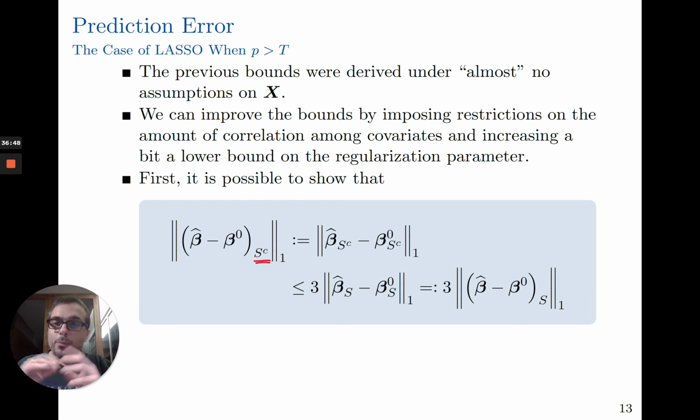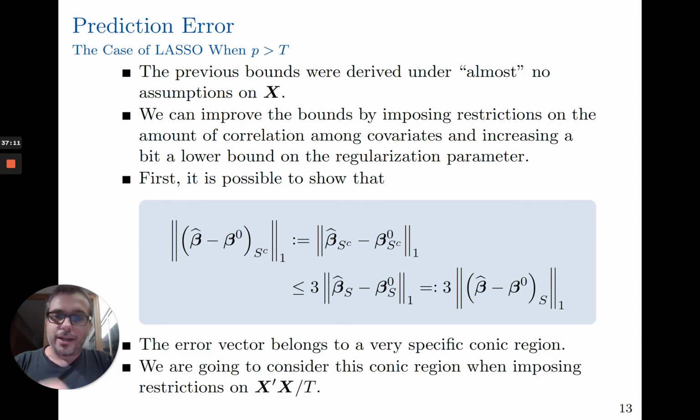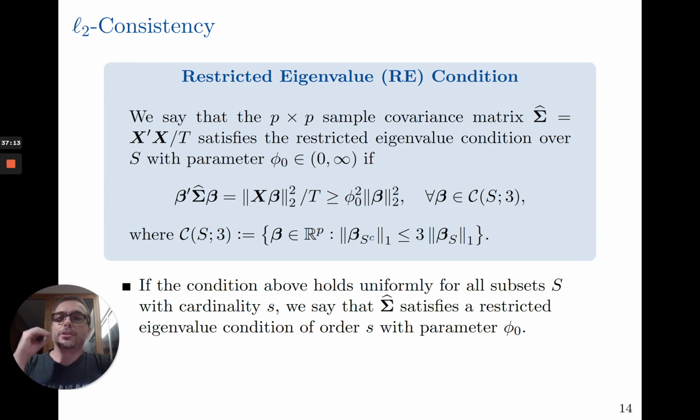in this region. So we want to restrict that when we do a transformation, that we transform the covariance matrix X prime X over T. In these regions, we may have the eigenvalues bounded away from 0. So this translates into a condition that's called the restricted eigenvalue condition.